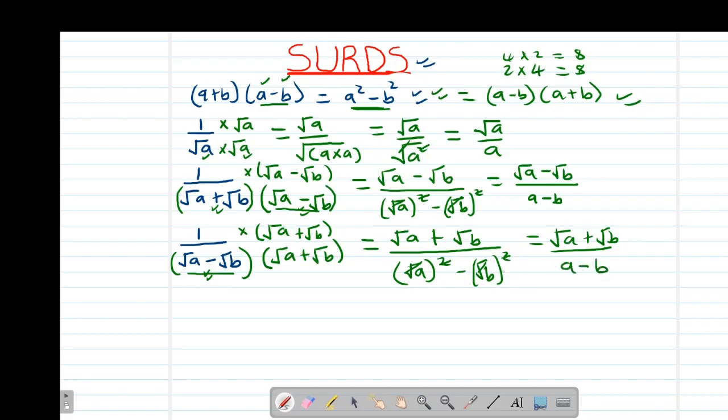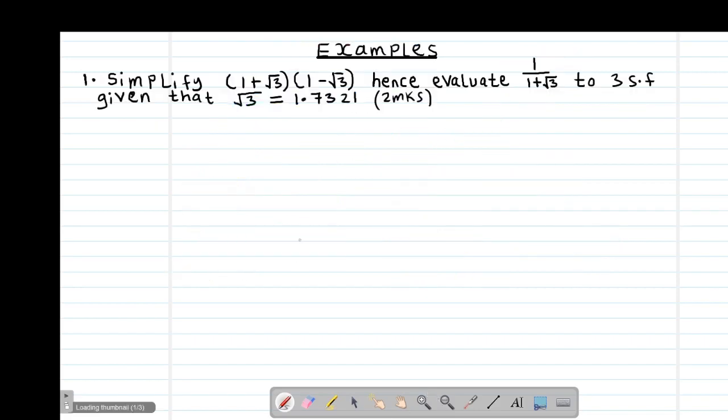So these are the possible cases when you are finding the conjugate or when you are rationalizing the denominator. Then we can look at a practical example. So let's check our example 1, which reads: simplify (1 plus the root of 3)(1 minus root 3), hence evaluate 1 over 1 plus the root of 3, correct to 3 significant figures, given that the root of 3 is equal to 1.7321.